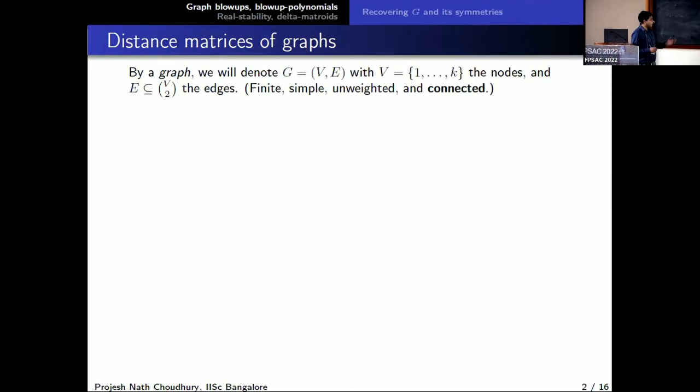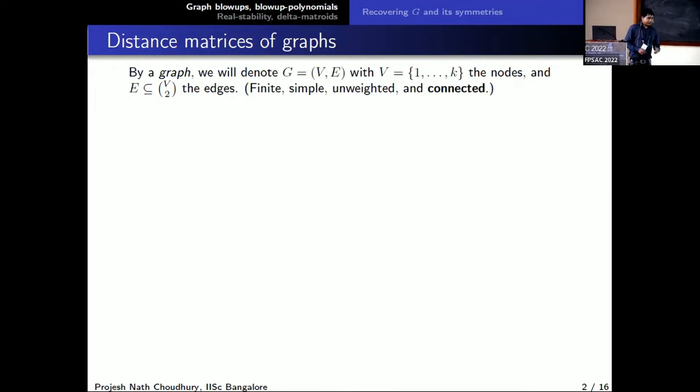Recall that a graph G is a pair V, E, where V denotes the set of vertices, and E denotes the set of paired vertices, whose elements are called edges. In this talk, all my graphs are finite, simple, unweighted, and most importantly, connected.